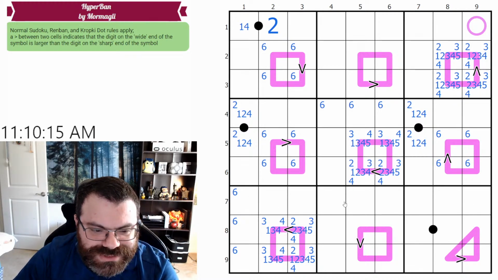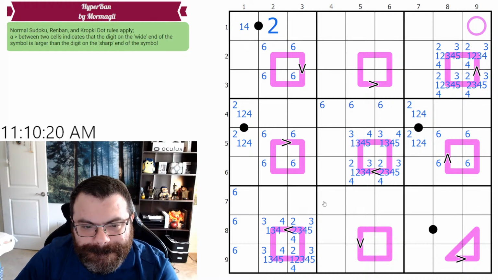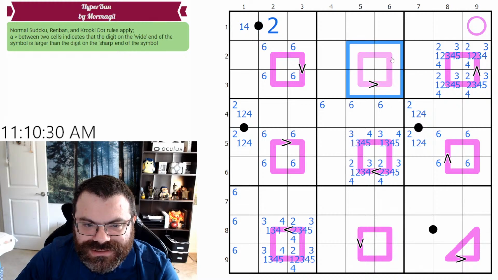Can any other Renbans be 2, 3, 4? Well, the 2 is taken out of these ones. Maybe you mean like here.